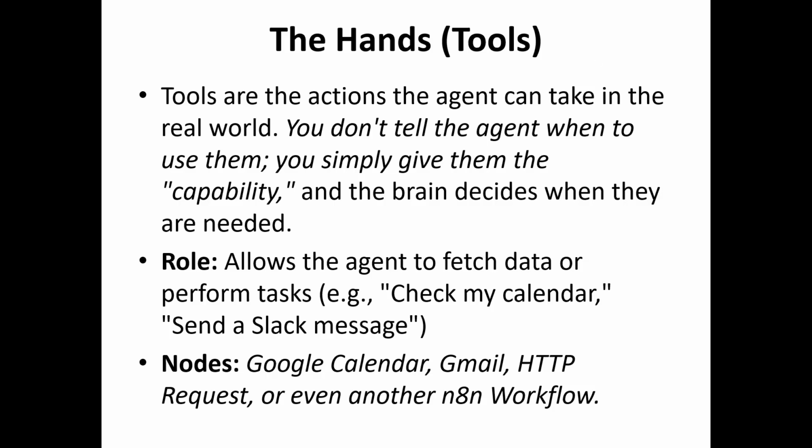The tools are the actions that the agent can take. So you don't need to tell the agent when to use them. It knows exactly when to. Like the example I gave, when it asks, do you know the payment reference number? And then you said yes. So it knows which route to take.